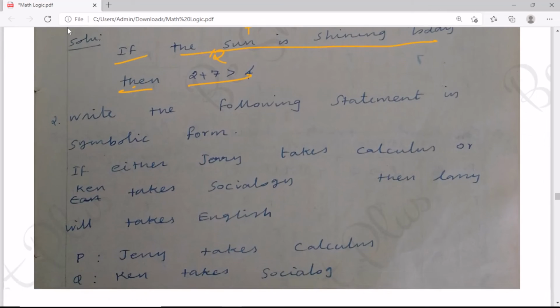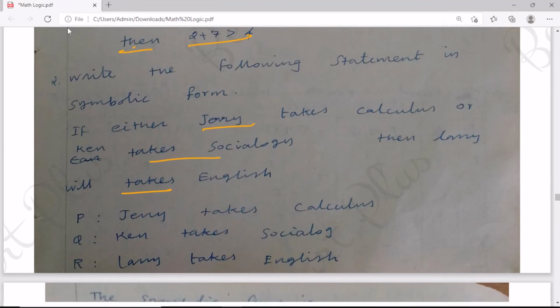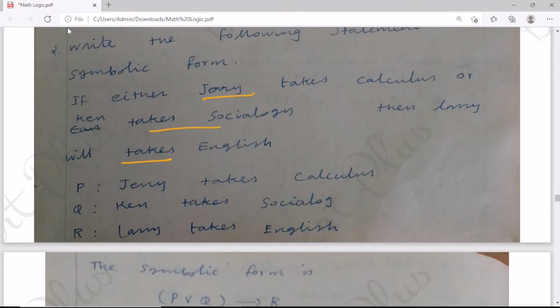What is a conditional statement in brief? Write the following statement in symbolic form. If either Jerry takes calculus or Ken takes sociology, then Larry will take English. Here I represent these three statements as P, Q, R. P represents Jerry takes calculus, Q represents Ken takes sociology, and R represents Larry takes English.